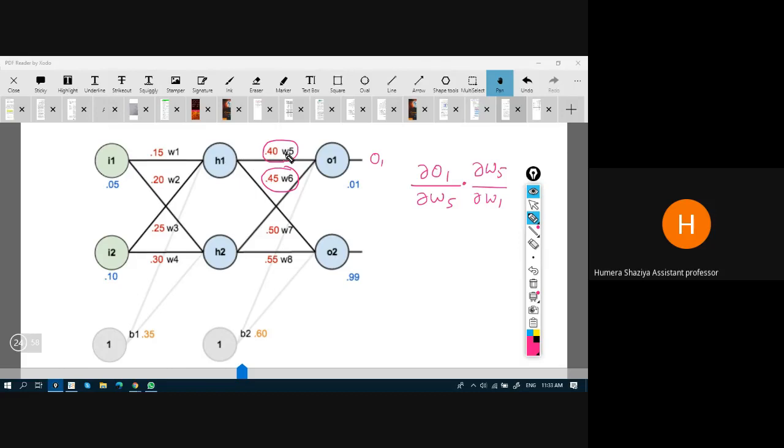Because this W5 is coming from H1. So W1 and W2 both have impact on W5, and O1 has impact from W5, from W6, which in turn have from W1, W2, W3, W4. So this all, they are chained. That's why it is known as chain rule. They all are in chain.